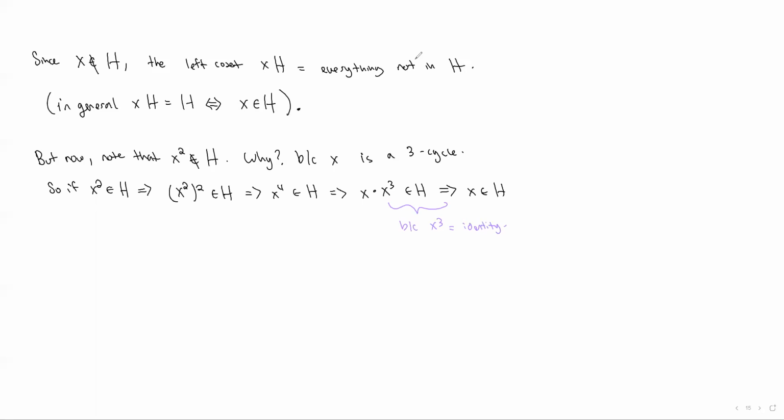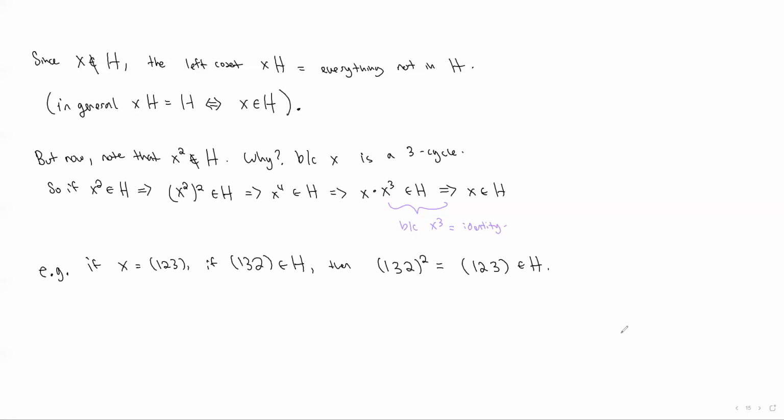For example, if X equals (1 2 3) and (1 3 2) was in H, then H is a subgroup, so it's closed under multiplication. So (1 3 2) squared, which is (1 2 3), would be in H. Since we're assuming X is not in H, that means X squared is also not in H, because if X squared were in H, then X would be in H.